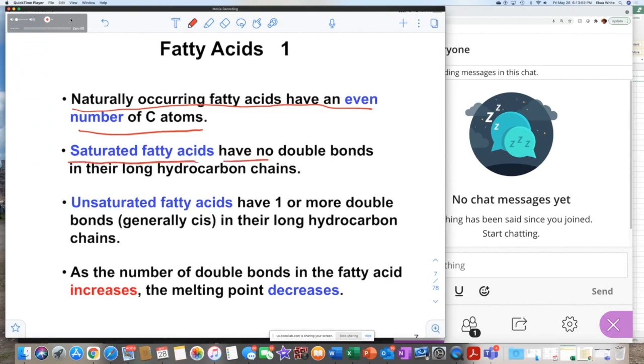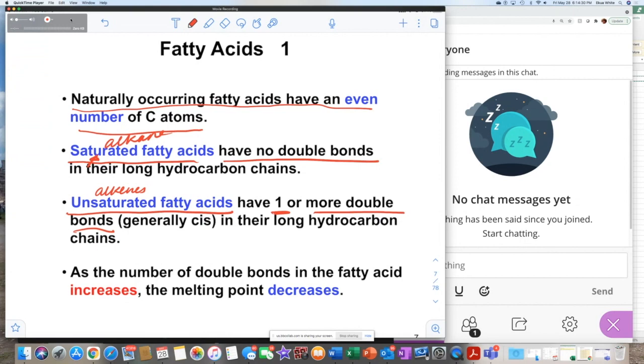Saturated fatty acids have no double bond, ergo saturated, right? These are like alkanes, and they're long hydrocarbon chains. Unsaturated will be like alkenes and alkynes, like what we learned before. In this context, though, unsaturated fatty acids have either one or more double bonds. So we're looking at the double bond or the alkene functional group within the fatty acid.